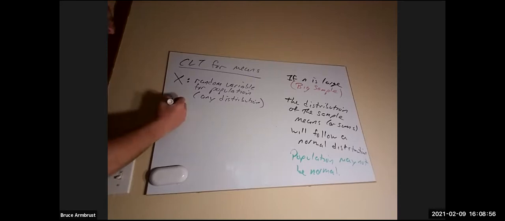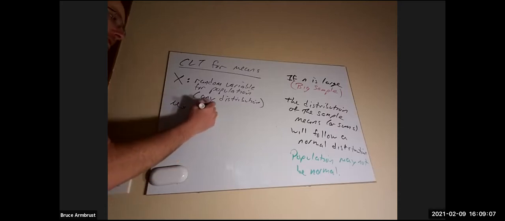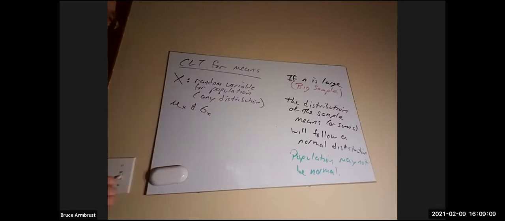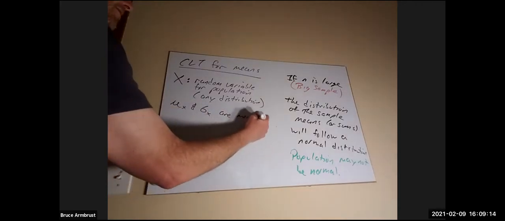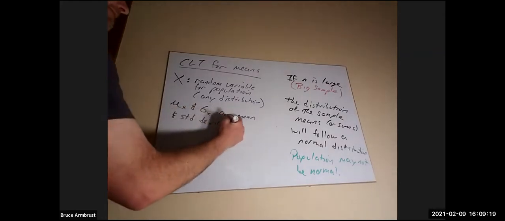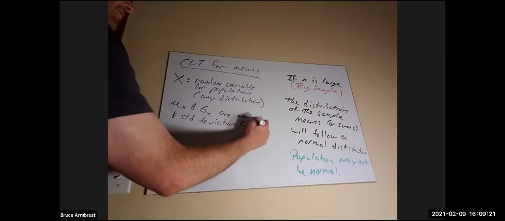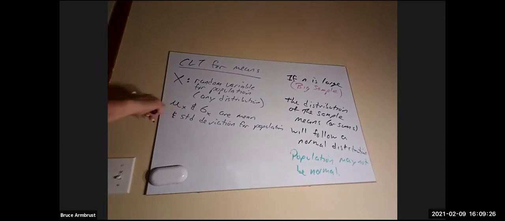Let's say that it's got a mean of mu sub X, and it's got a standard deviation, we'll call it sigma sub X. So these are the mean and standard deviation for the population.